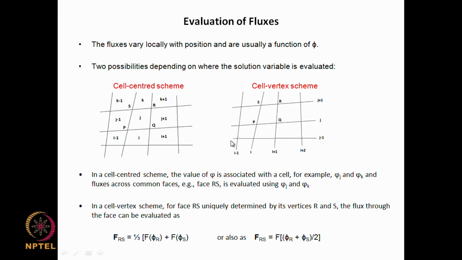So, if the flux evaluated from the value of phi here is different from the flux evaluated from this, you take the average of these two, and something like this will require two evaluations of fluxes.